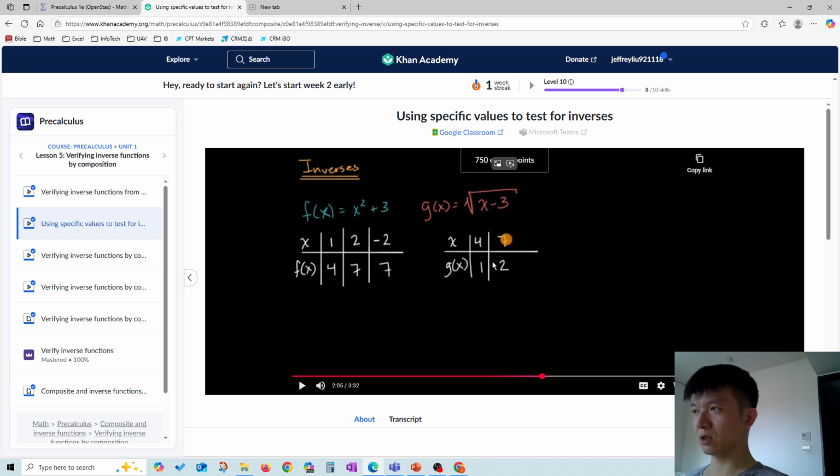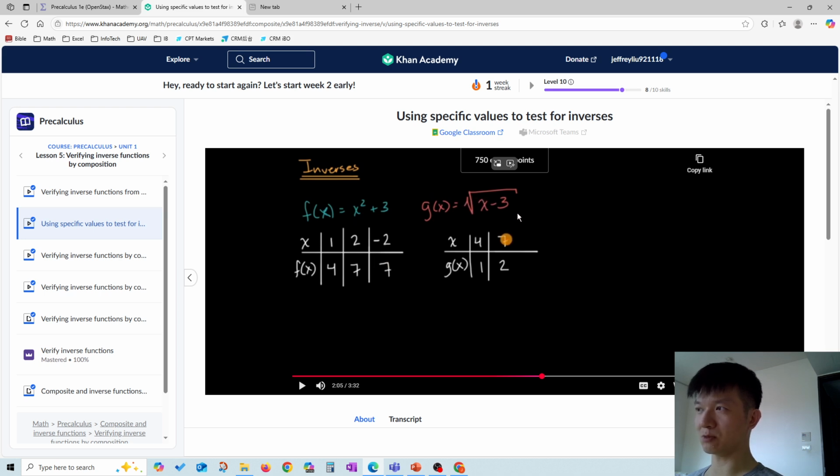Okay, so if you do this as well, if you plug in this entire g of x right here into this x right here, you'll get the square root of x minus 3, squared, right? So that gets rid of the square root.